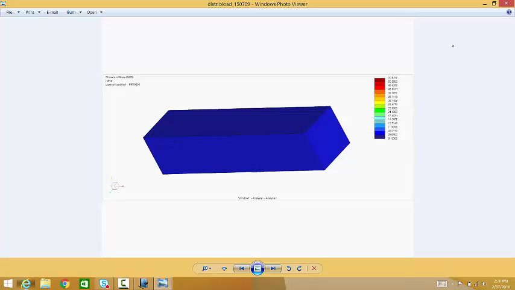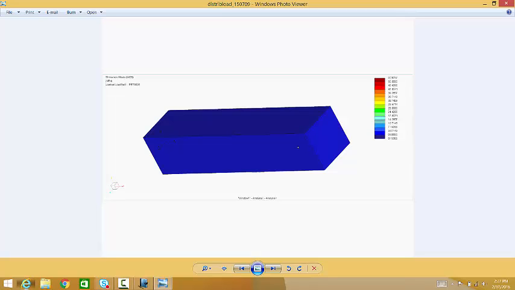So this is the bar that I just drew as an example. So this is with uniformly distributed loads being applied at the two ends, okay? And so you expect, and we can think of this as the true results, that every single point in that bar has the exact same stress tensor, right?